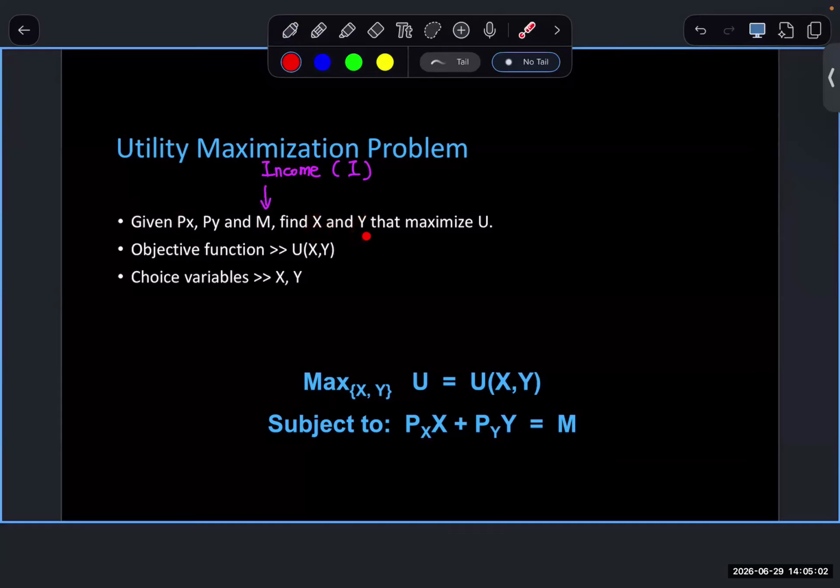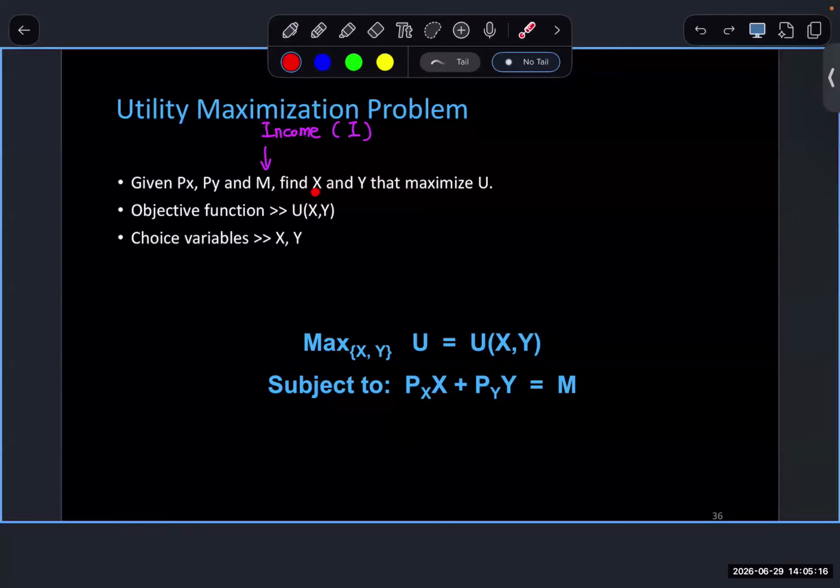Find X and Y that maximize your utility. Our objective function, what is the objective? We want to maximize, right? That's why we call it a utility function, U given X and Y. U is a function of X and Y, and we want to find the choice, X and Y, that maximizes our utility.